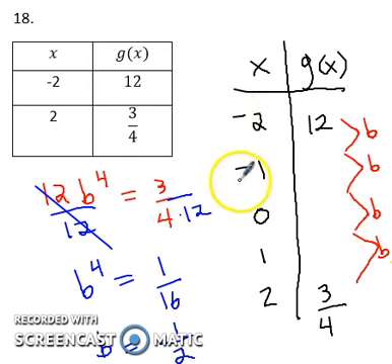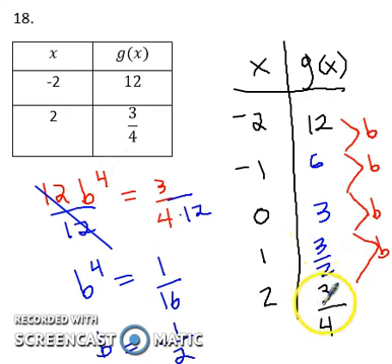Each time the x value increases by 1, we're multiplying by a b value of 1/2. So if I take 12 and multiply it by 1/2, or divide by 2, that gives me a 6 here. Then 6 divided by 2 gives me a 3 here. And 3 divided by 2 is 3 over 2. Then 3 over 2 divided by 2 one more time, or multiplied by 1/2, is 3 over 4.